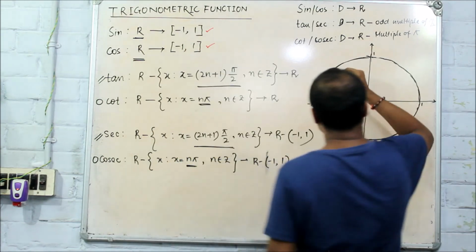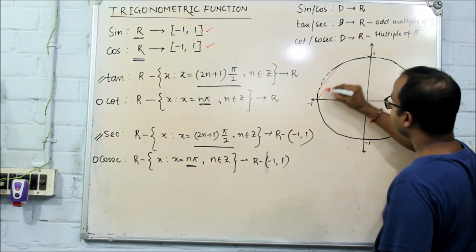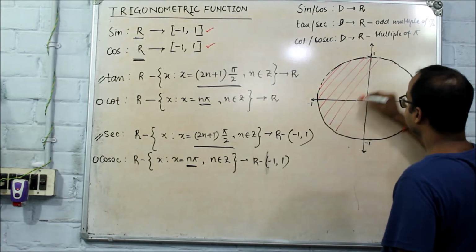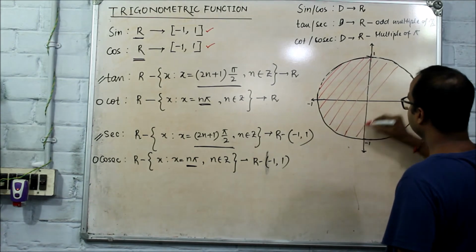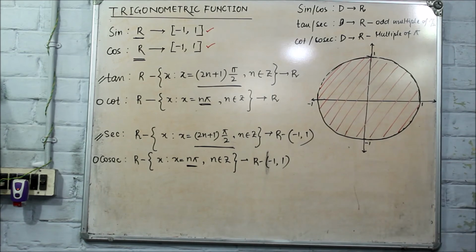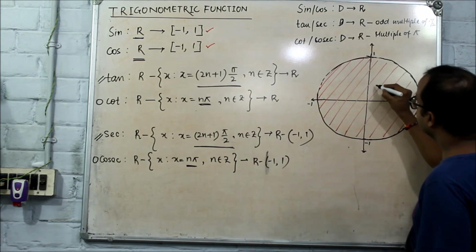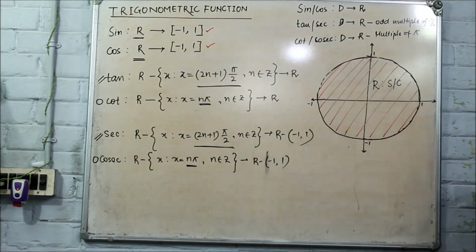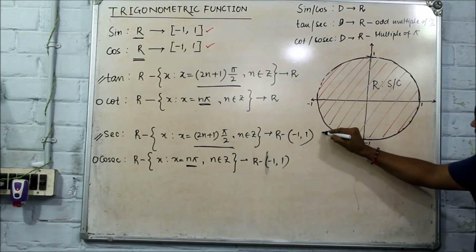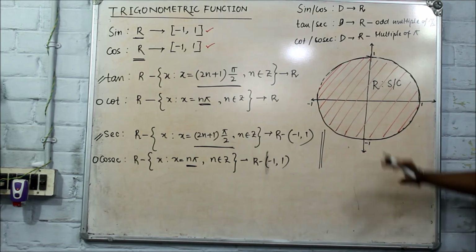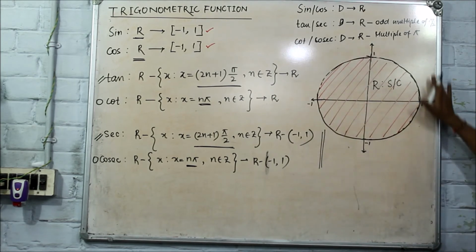That means, if I set this unit circle, I am setting the range of sine and cos. So this is the range of sine and cos. Now see sec and cosec. It is a plane of real numbers.